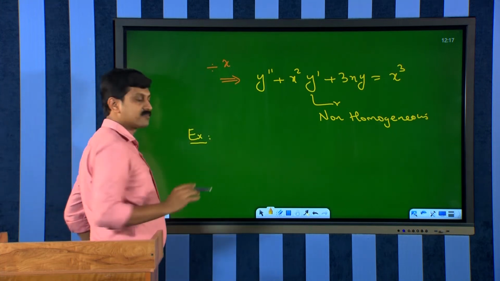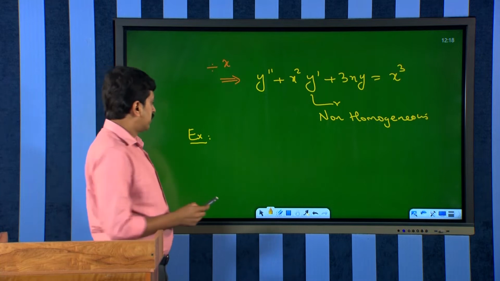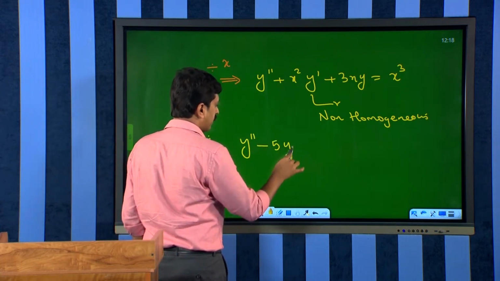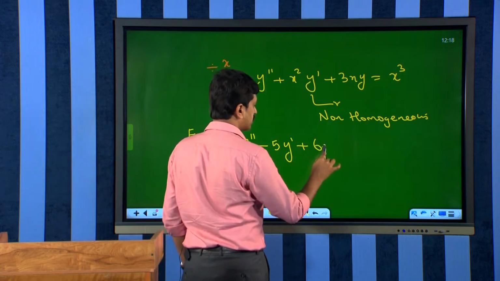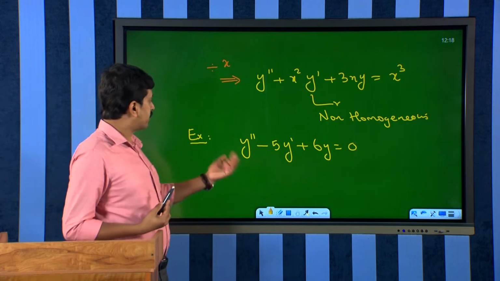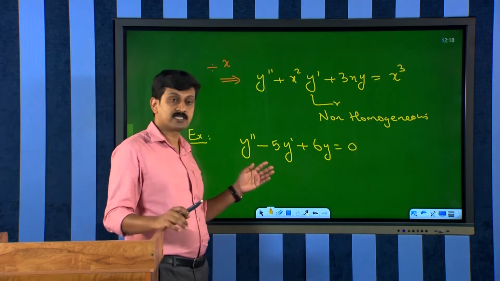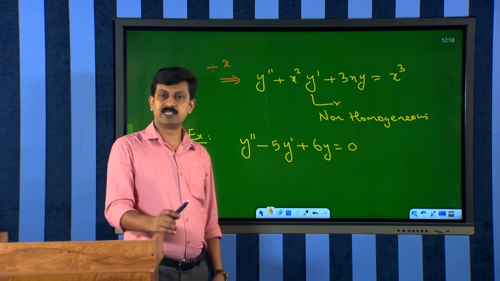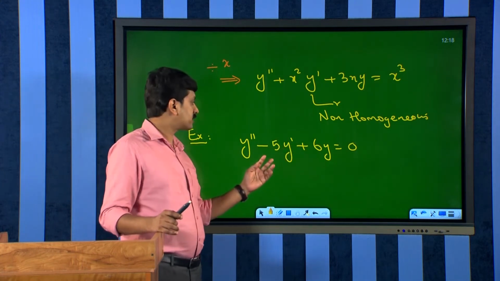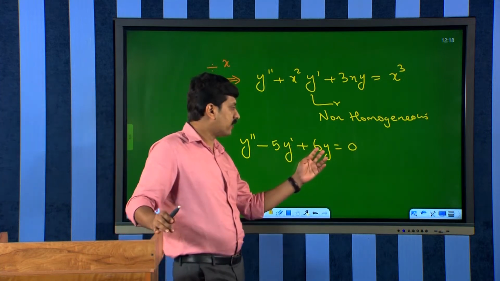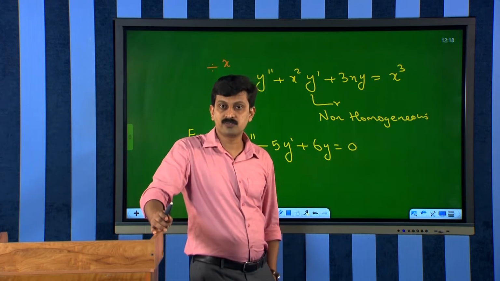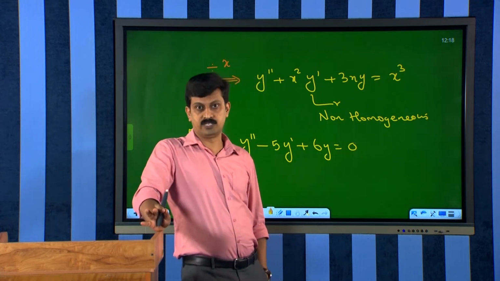Dear students, we will have one more example: y double dash minus 5 y dash plus 6y is equal to 0. The differential equation contains y double dash, y dash and y, the coefficient of y dash is just minus 5, the coefficient of y is 6, and the right-hand side is 0. Therefore this is homogeneous.